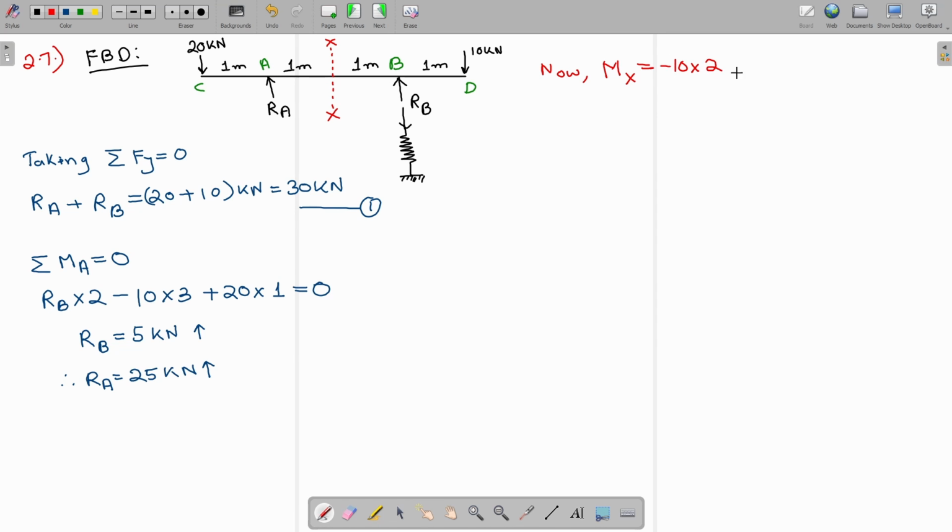So minus 10 into 2 plus Rb, which is 5, acting in the anti-clockwise direction at a distance 1 meter away from it. Therefore, solving, we get that it is minus 15 kilonewton meter. Okay, this is our answer.